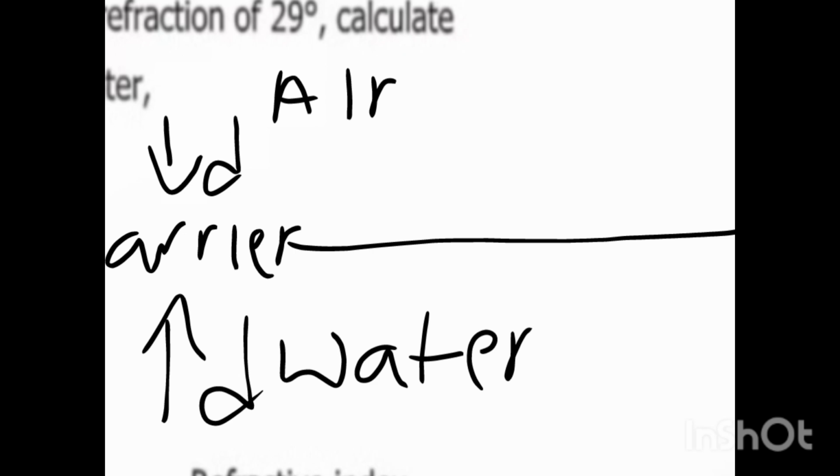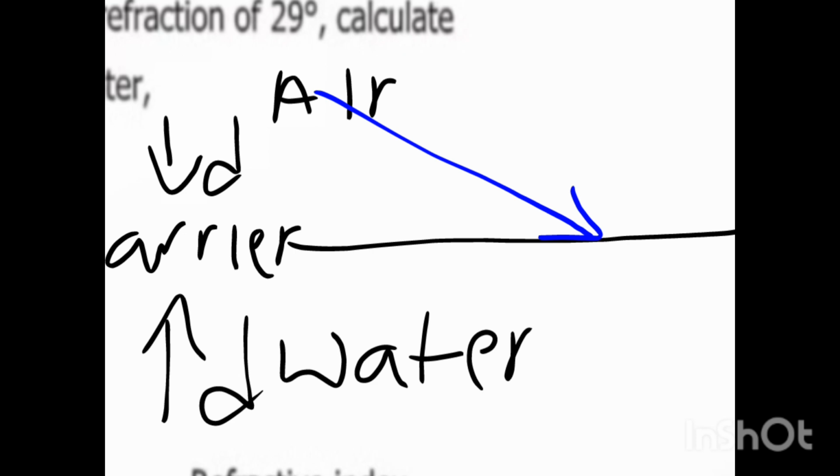So let's say a ray of light is approaching from the medium of air, heading towards the medium of water. Remember I told you that the point of contact between the barrier and the ray of light is where we draw the line of normal.